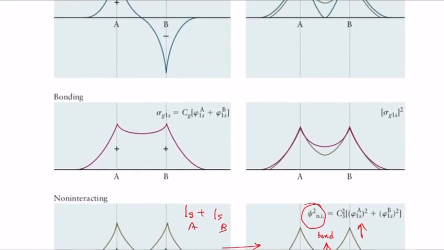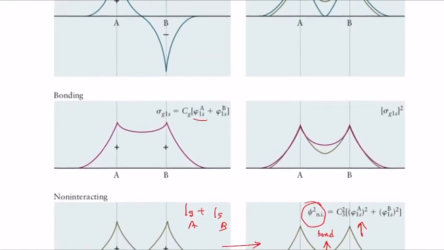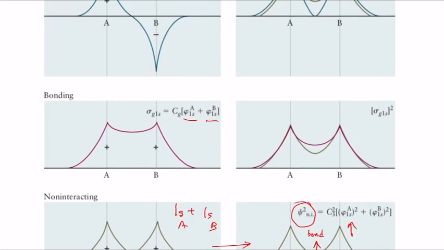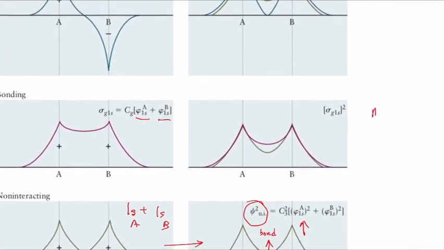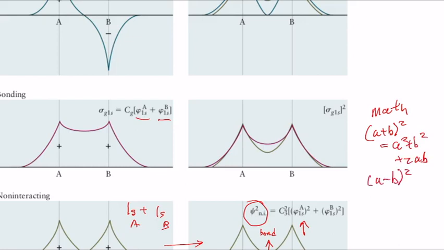So in the case of bonding, I have the 1s plus the 1s, and then when I square, what is it that I get? So let's do a quick math reminder here. So this is just math. I have (a plus b) squared equals a squared plus b squared plus 2ab. If I have (a minus b) squared, I get a squared plus b squared minus 2ab.